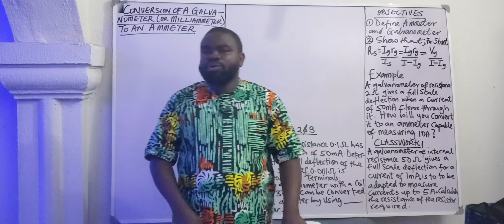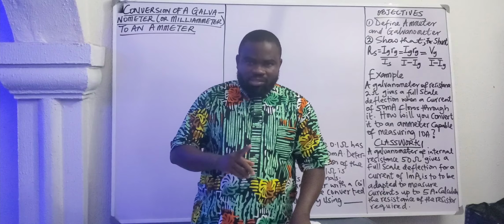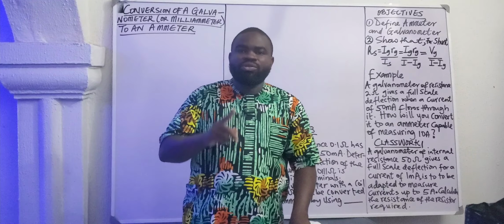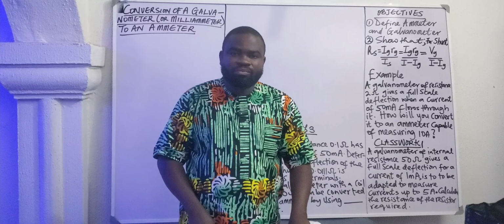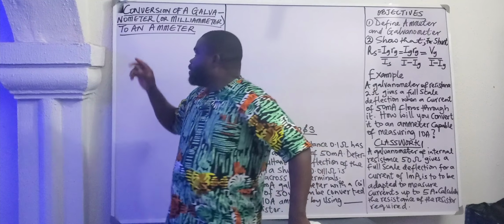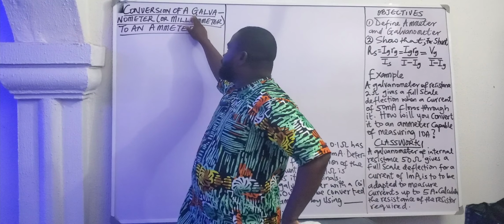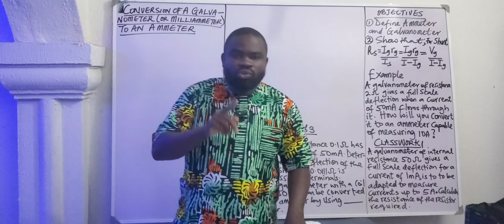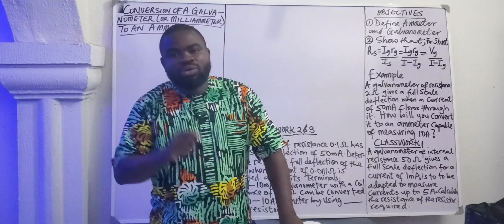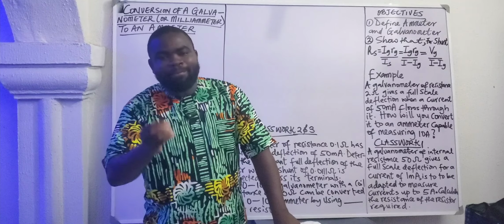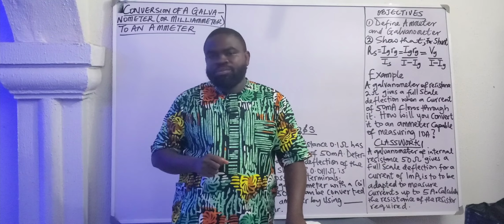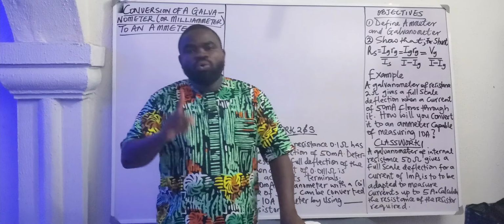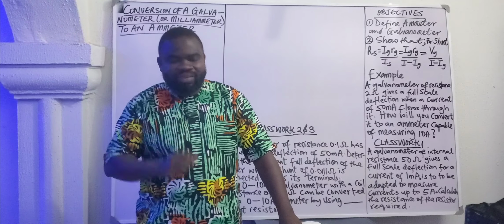Let's continue. An ammeter is an instrument used in measuring current. A galvanometer or a milliammeter is used for detecting or measuring small amounts of current. The ammeter is a low resistance device.